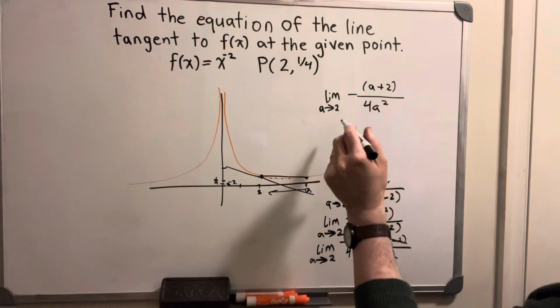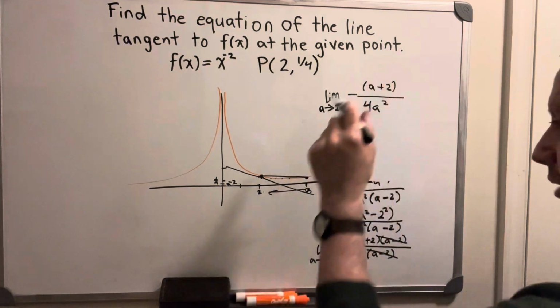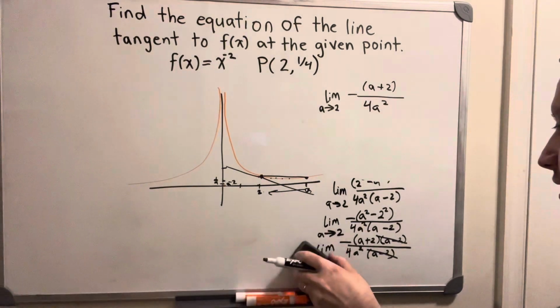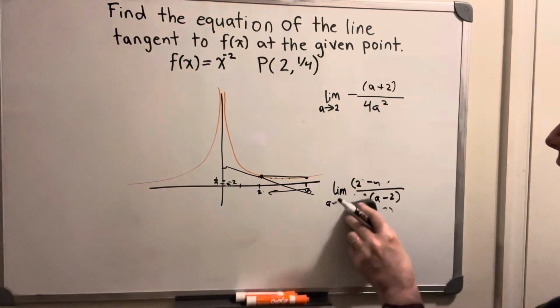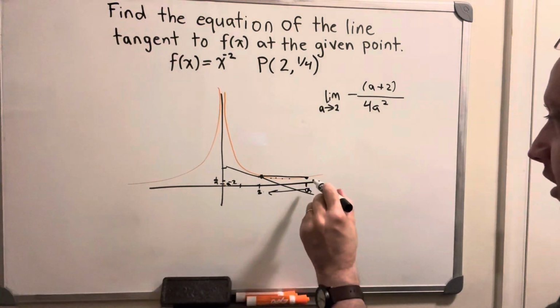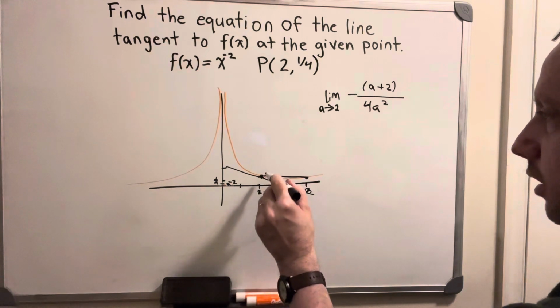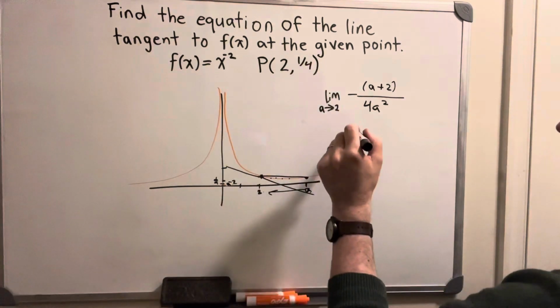And now, since making a equal to 2 doesn't cause a problem, we can solve this limit at a equals 2, supposing that our second point has approached all the way to this point.